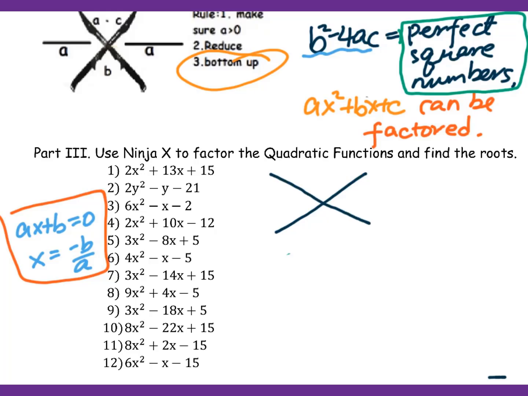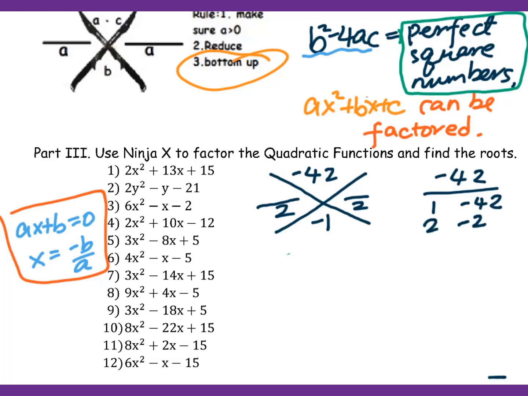Set up the Ninja X format. This is negative 1. 2 times negative 21, that's negative 42, over 2 over 2. Negative 42, get started: 1 times negative 42. Adding is not negative 1, so keep going. 2, that's a negative 21. It's not negative 1.